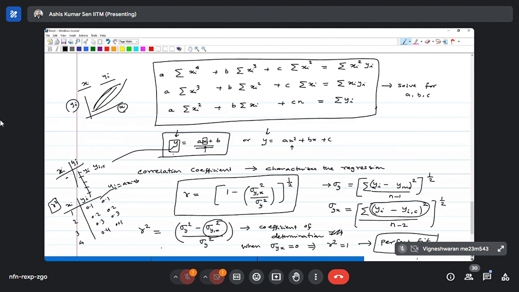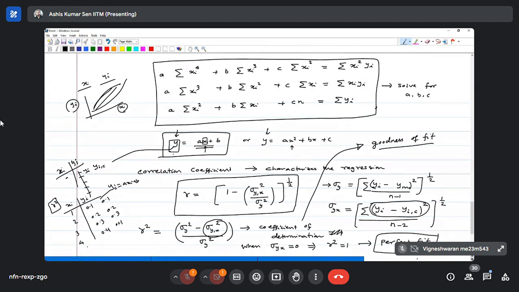So this coefficient of determination basically is characterizing the goodness of fit. If r square is close to 1, that means your fit is good. If r square is less, then your fit is not good.